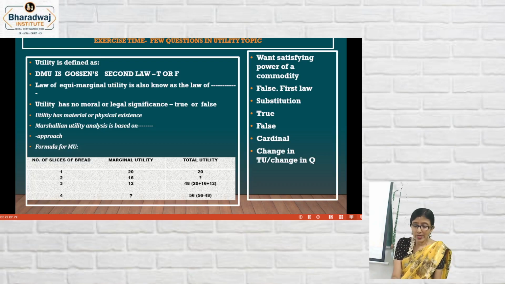Just being a revision, for a recollection, I worked out this also and gave it to you, so that you will know. MU. You ask the answer. Which one? 56.